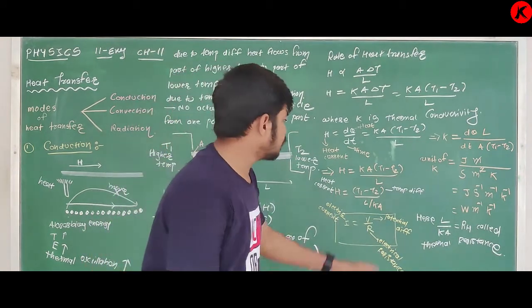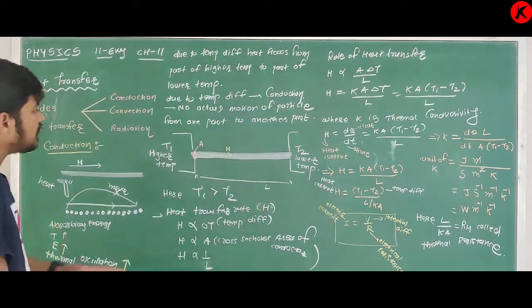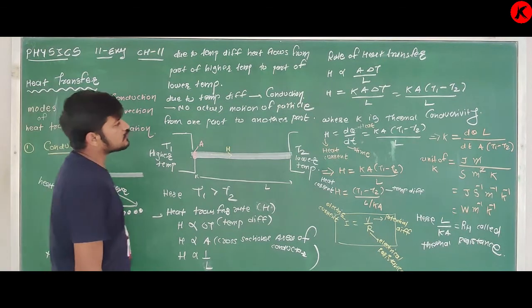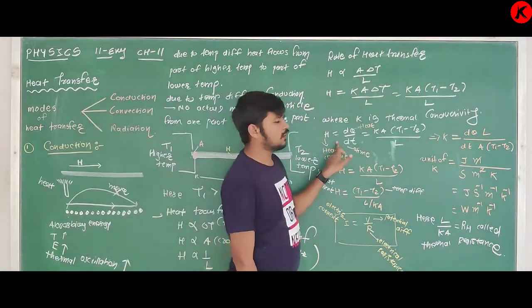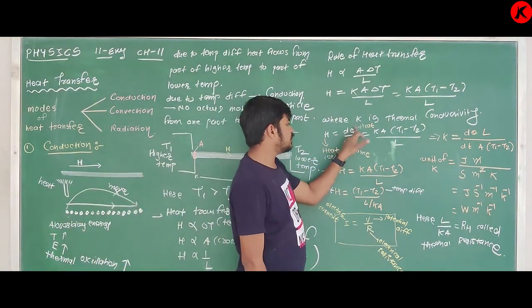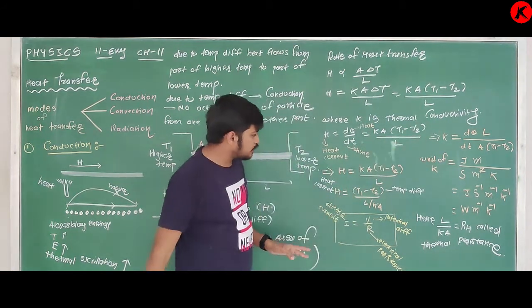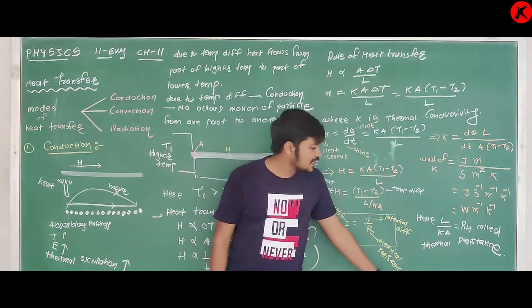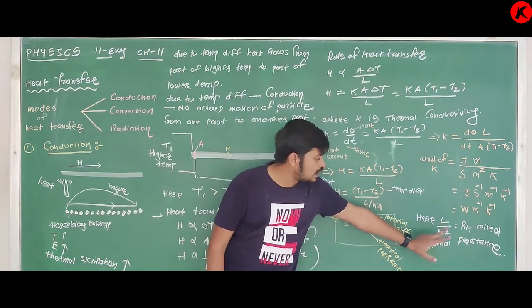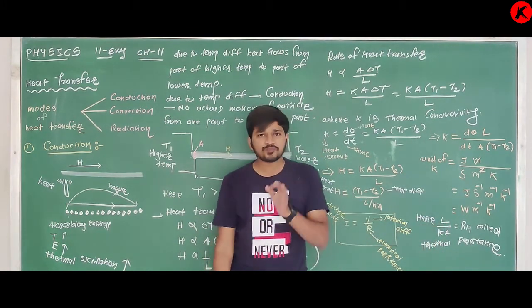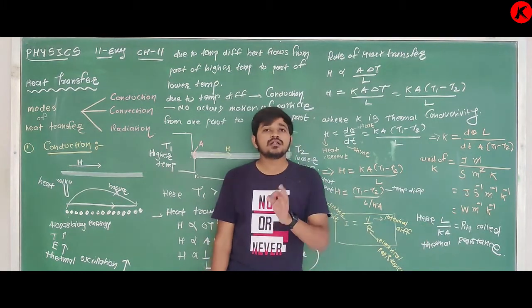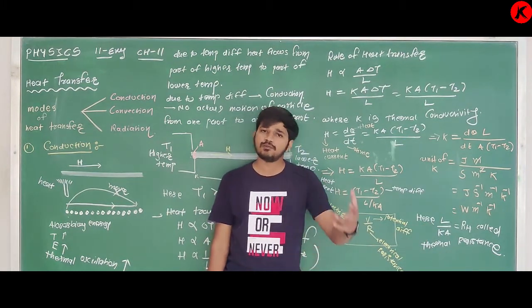Clear? So this point you have to remember. Based on this, the first equation is H is equal to dQ upon dt is equal to KA (T1 minus T2) upon L, and the second equation, of thermal resistance, is RH is equal to L upon KA, where L is the length of the conductor, K is the thermal conductivity of the given object, and A is the cross-sectional area.